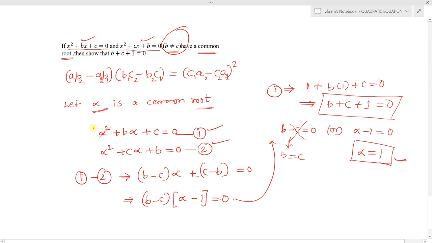Substitute the root in the equations, subtract to find the root, then substitute the root in any one equation to get the required condition. I think now you understand how to solve a problem on a common root.